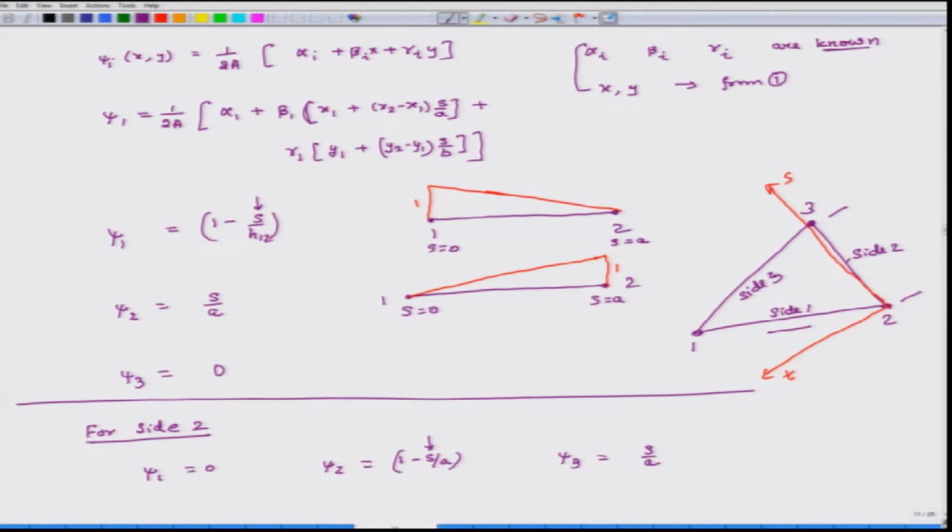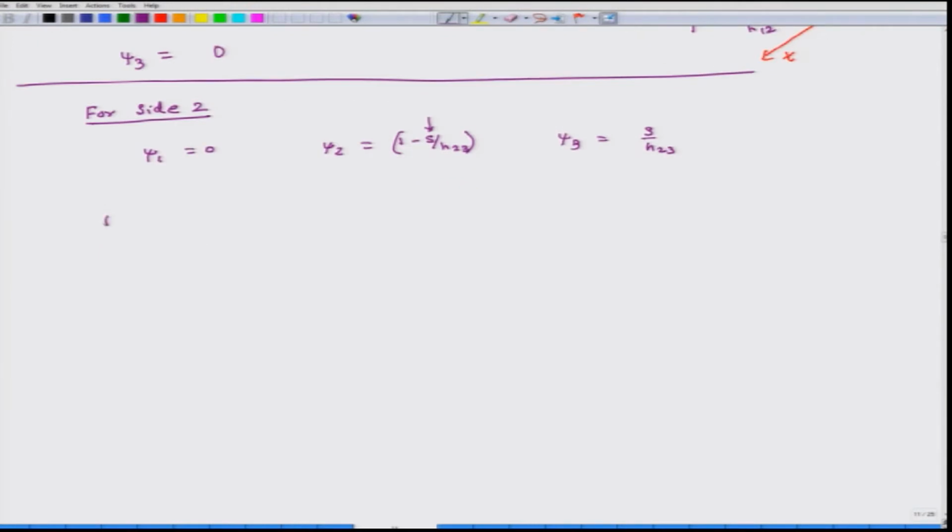That makes it more explicit. H12 is this length, this is H23, this is H31. So, here we replace it by H12, and here A will be replaced by H23, and same thing for this.